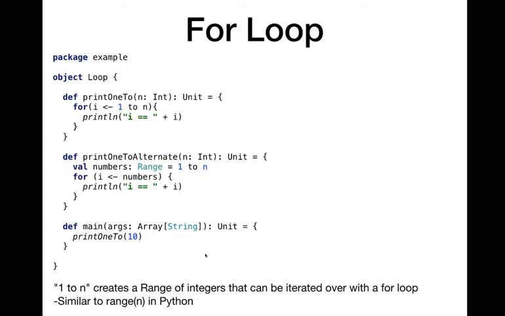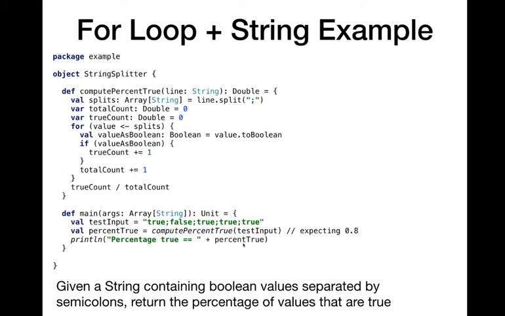Then, of course, this will print the values i equal 1, i equal 2, all the way up to 9. This is similar to range in Python. You've seen range in 115? Same thing as that. For x in range of 10, that would be the same thing here.